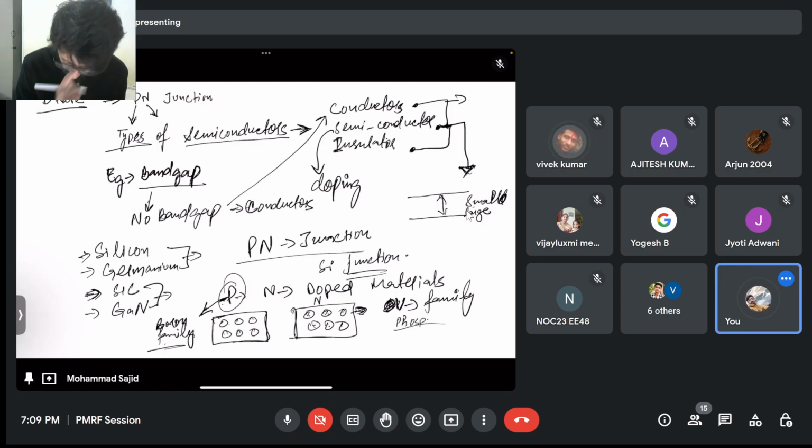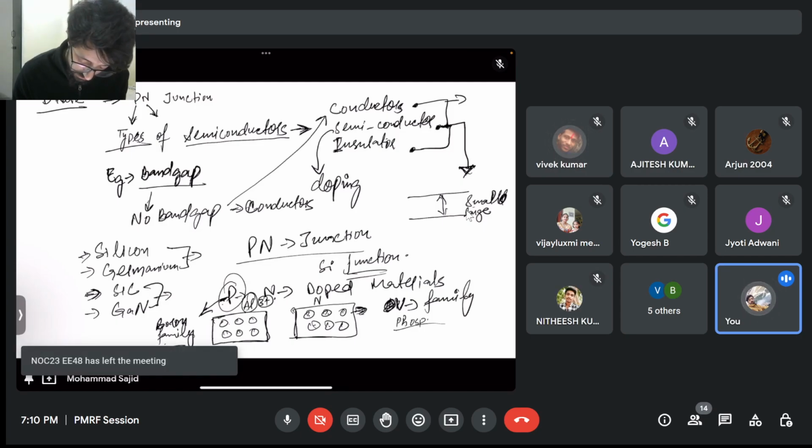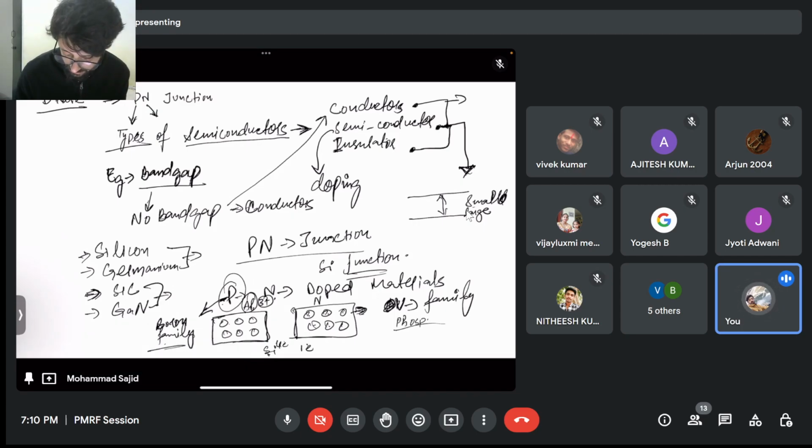So anyway, you have aluminum. Aluminum has 3 plus valency, right? So you will dope this material with aluminum, and silicon has 4 electrons. What will happen is that aluminum will replace silicon and it will have 1 electron less.